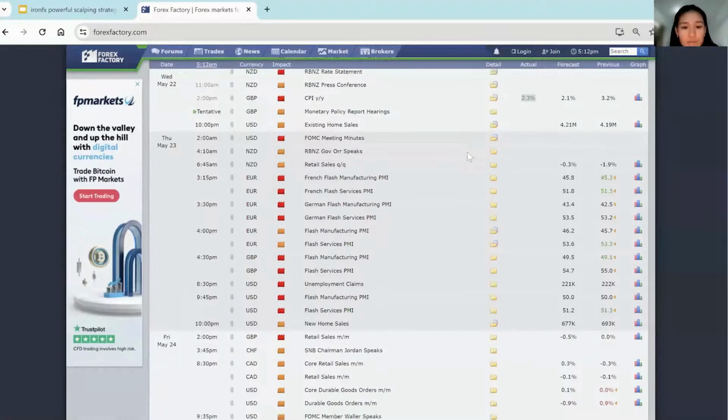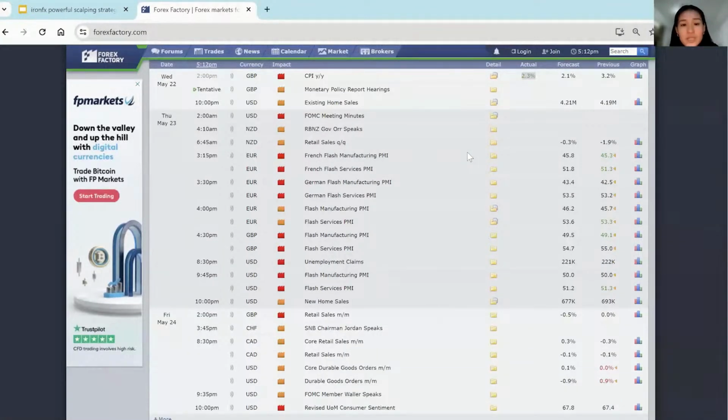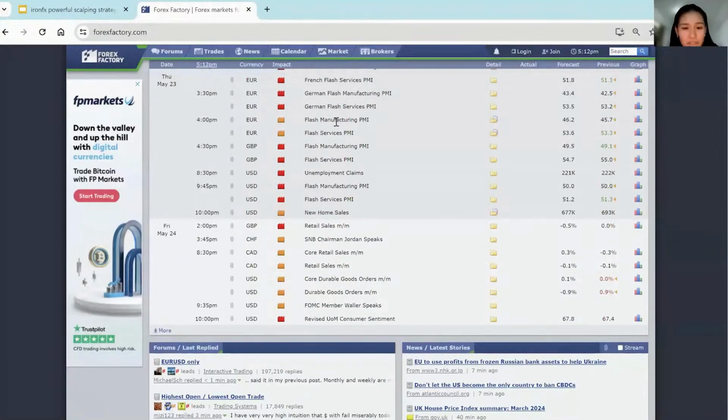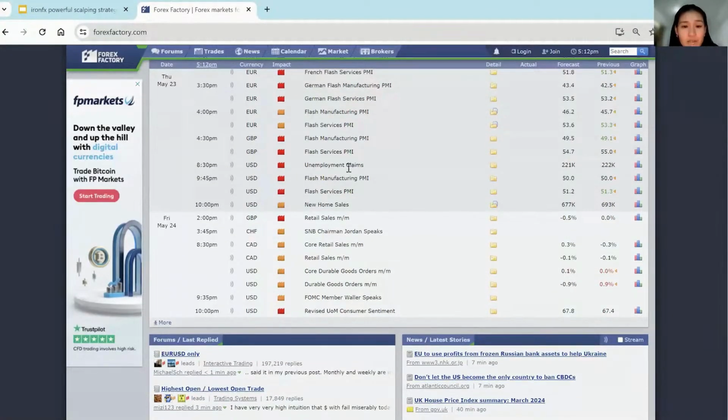For the rest of the week, tomorrow we have FOMC meeting minutes, retail sales for Kiwi, French, German, and UK manufacturing PMI, and Euro flash manufacturing PMI as well. US unemployment claims and flash manufacturing and services PMI.